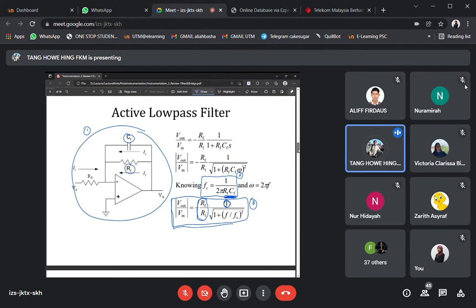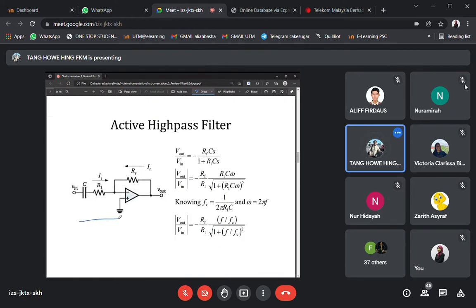And for the high pass filters, similarly, you need to memorize this circuit first of all. The main difference between the active low pass and the high pass filter is that in the low pass filter, the capacitor is in the feedback. Now the capacitor is swapped to the front, directly connected to the input voltage.